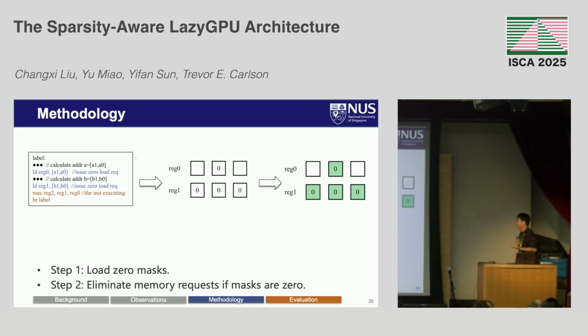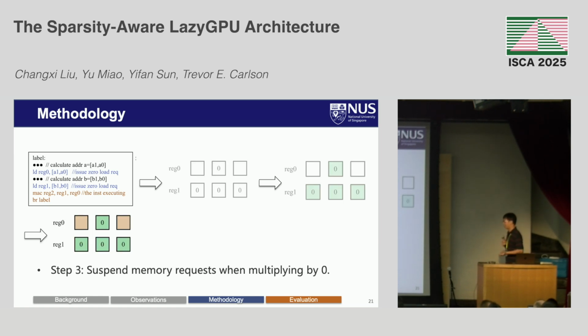If it is 0, we don't need to really load the data, and we just eliminate this memory request. Another thing is that since they are multiplying with 0, and any value multiplied by 0 is just 0, it doesn't matter whether it is 1 or 2 or 100. So we just get the 0 result.